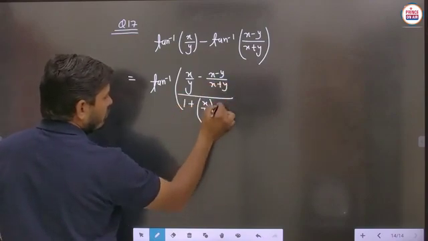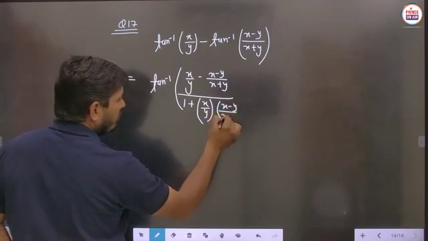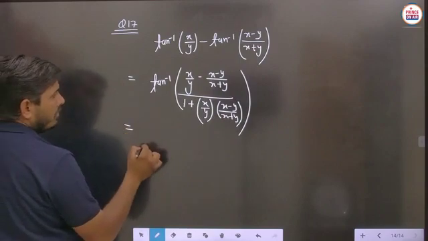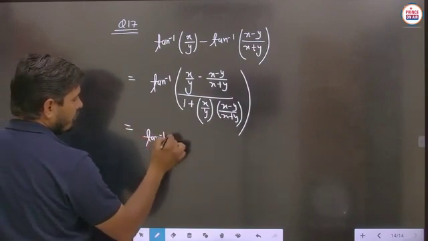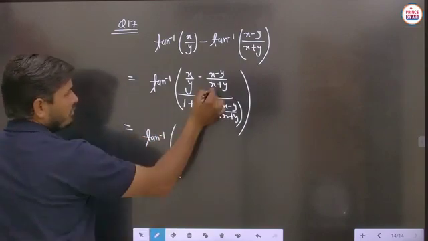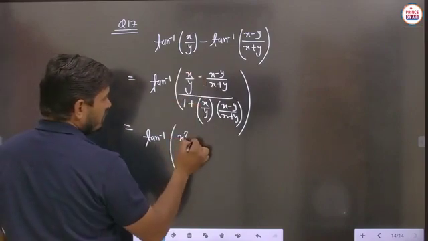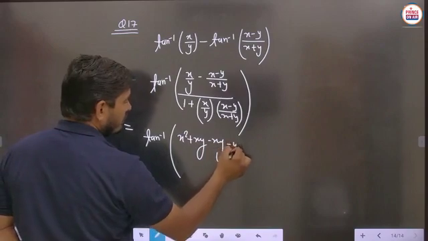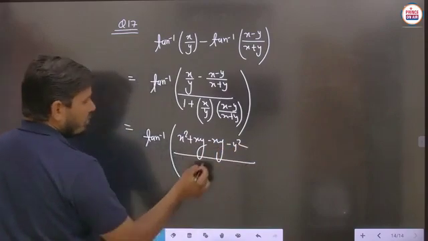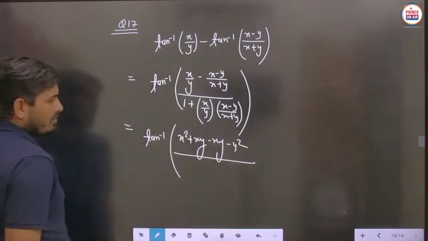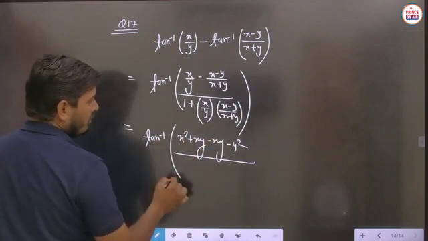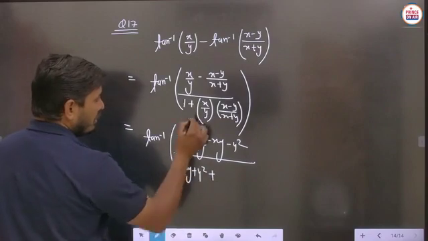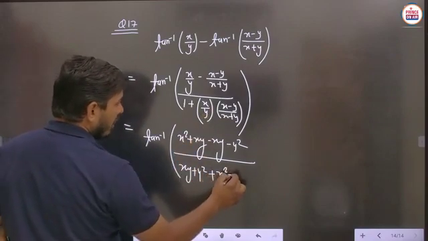So x upon y into x minus y upon x plus y. Now we have to do the calculation for this part, then the LCM of both parts will be the same. So this is multiplied, then x square plus xy, here minus xy and minus y square, divided by, we are not writing the LCM because the LCM will cancel out. This part is multiplied with 1, then xy plus y square plus here x square minus xy.